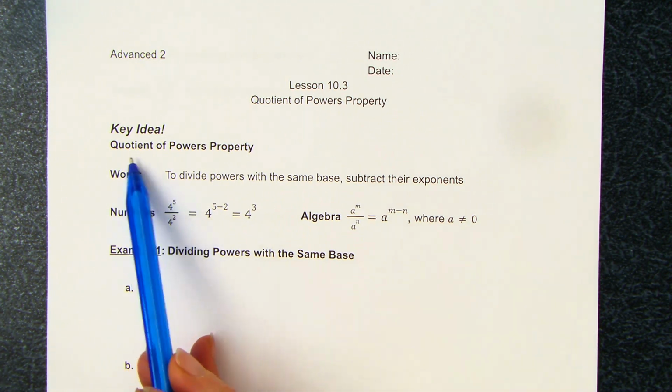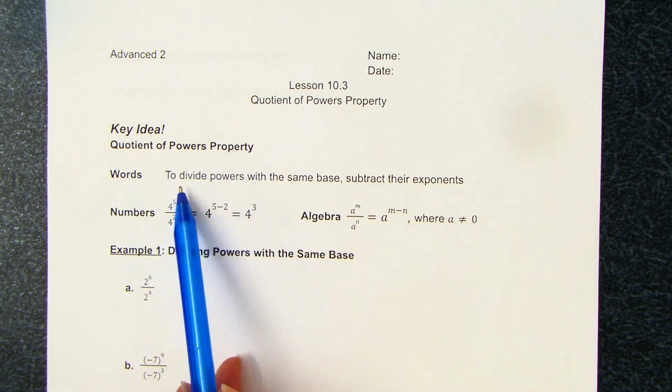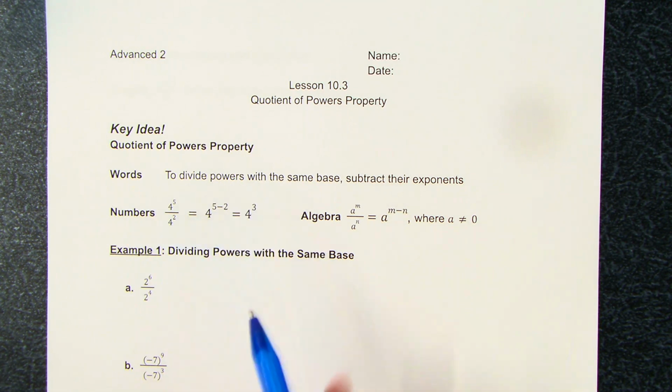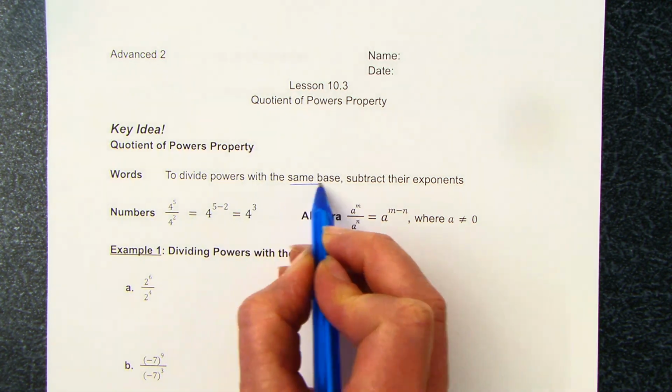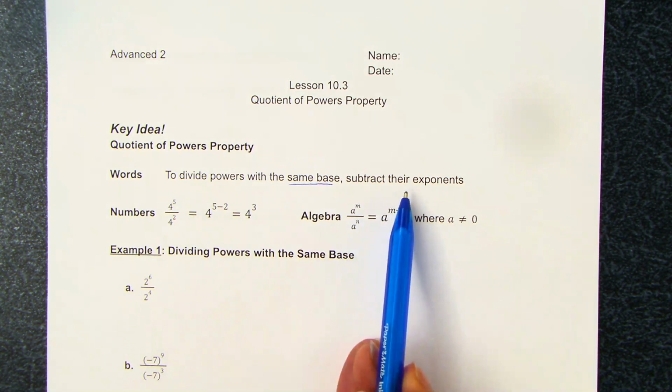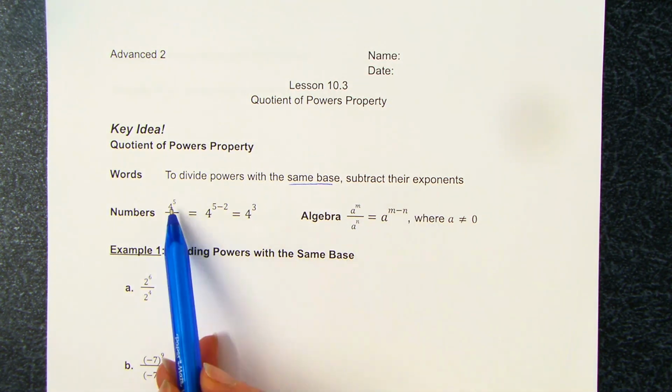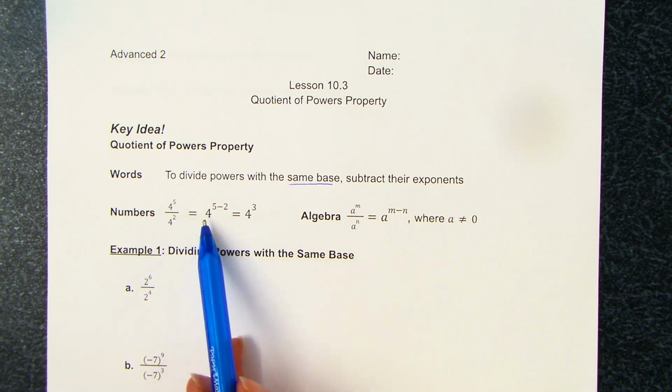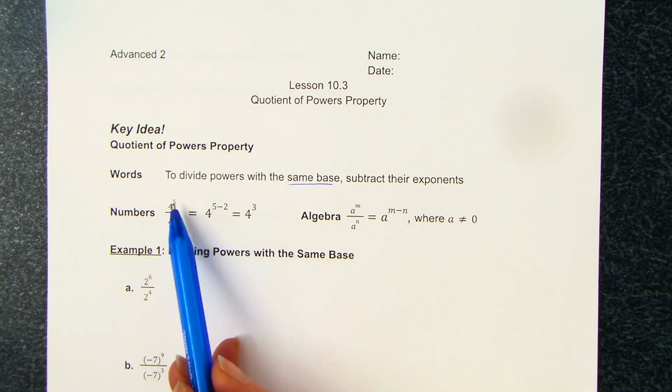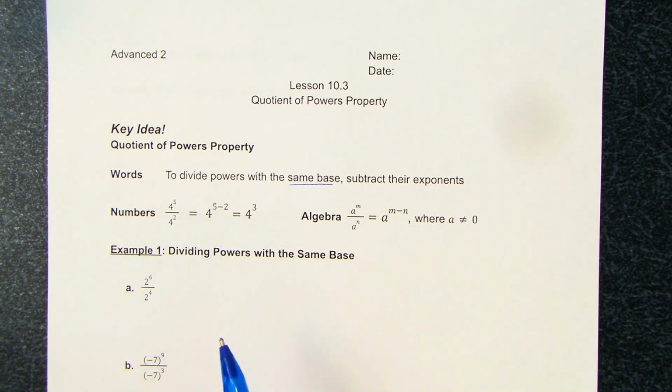The key idea in the quotient of powers property is that to divide powers that have the same base, that's important, you can subtract their exponents. So when I look at numbers, 4 to the fifth power divided by 4 to the second power is 4 to the 5 minus 2, which is 4 to the third.